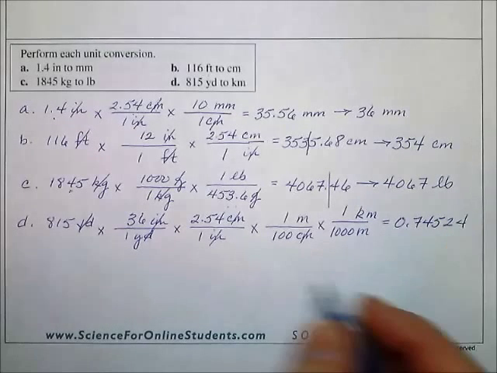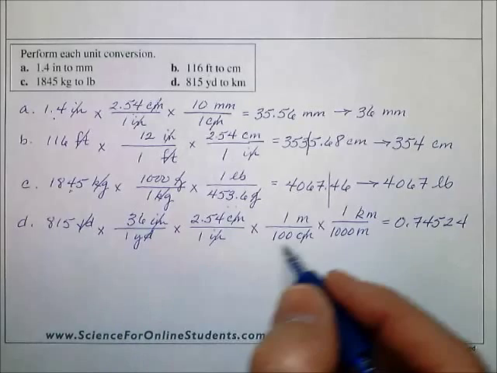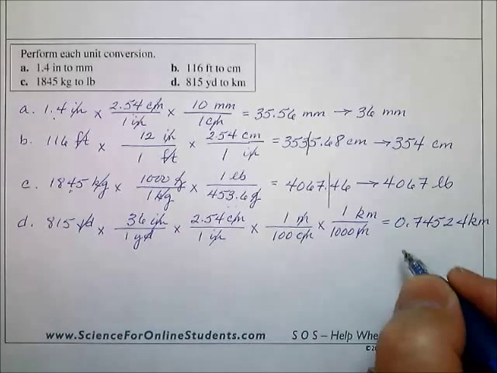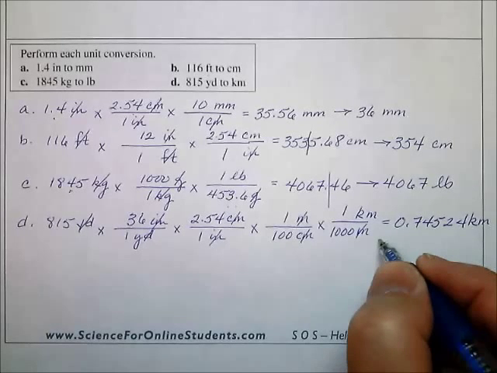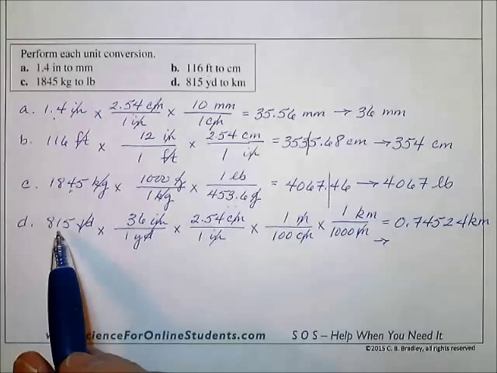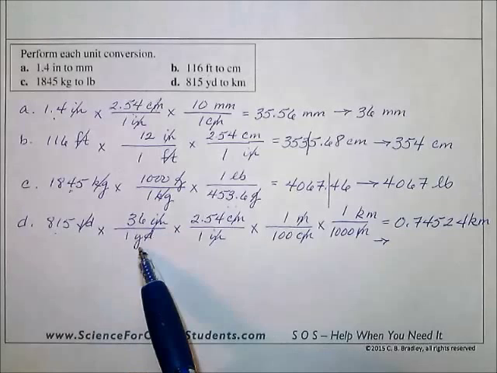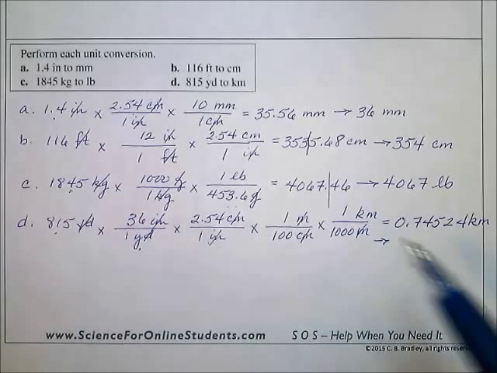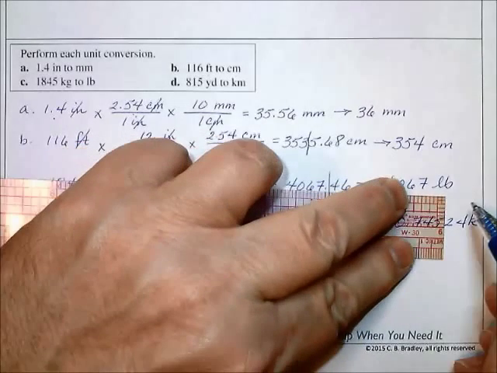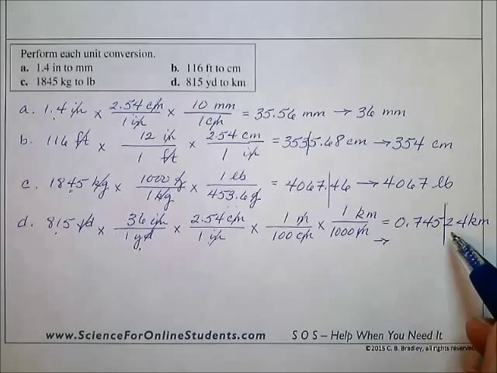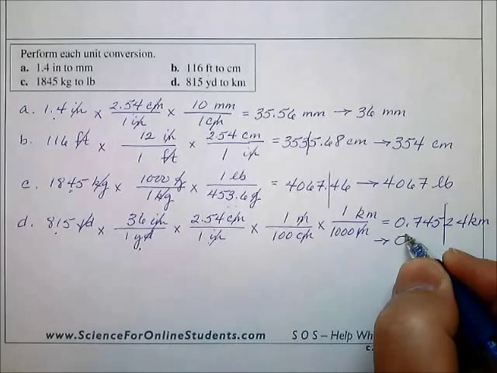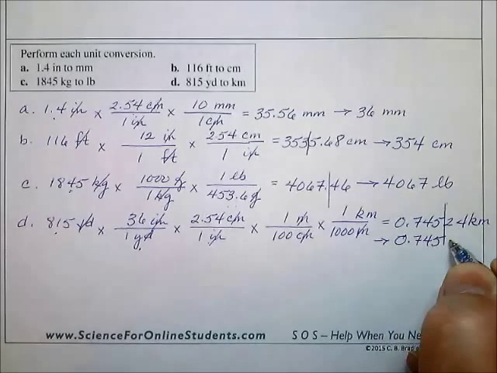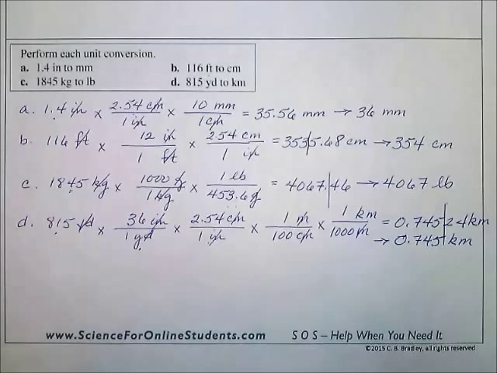And the units on this are going to be kilometers. We will round to 3 sig figs, since the conversion factors are indefinite. So 3 sig figs will round to 0.745 kilometers. Final answer.